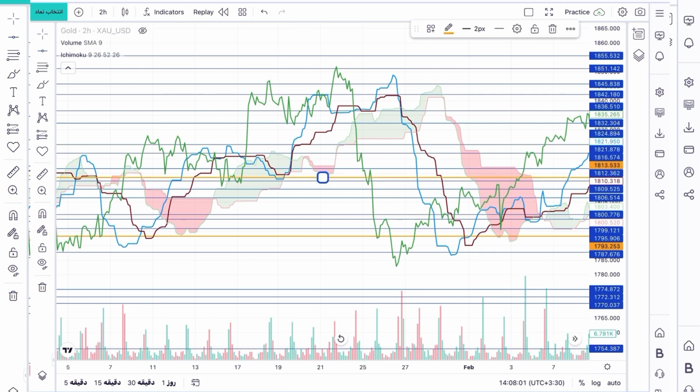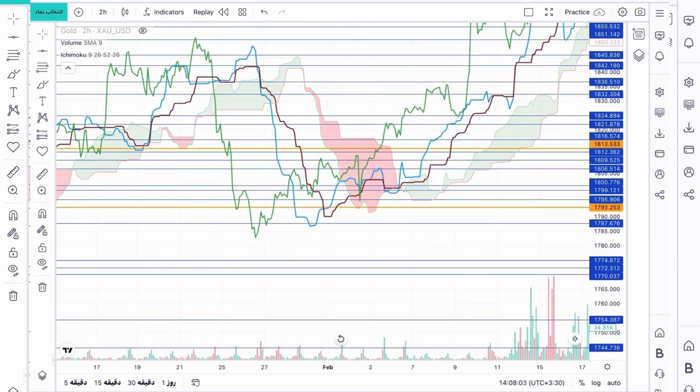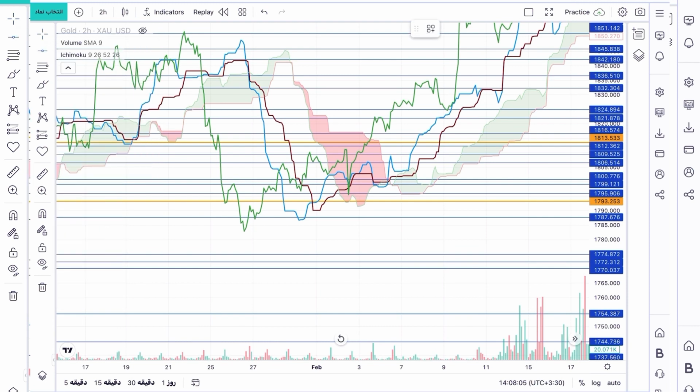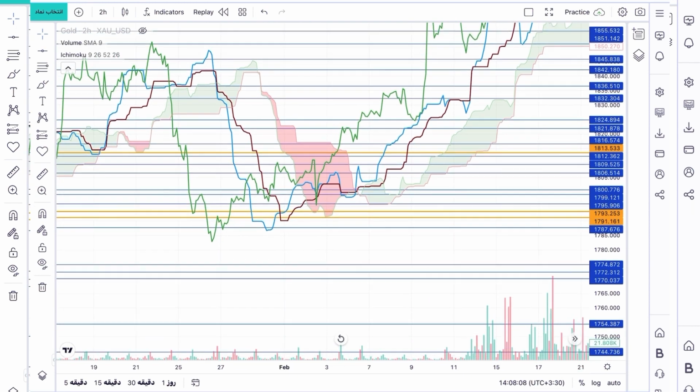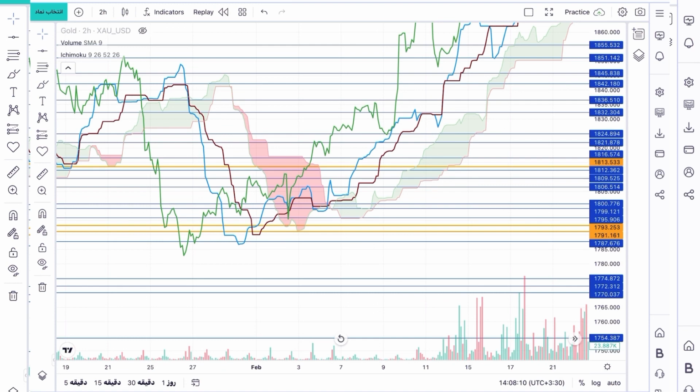I do this, and then when I'm done, I set back the time frame to the original one, which I want to trade in, and I correct them.